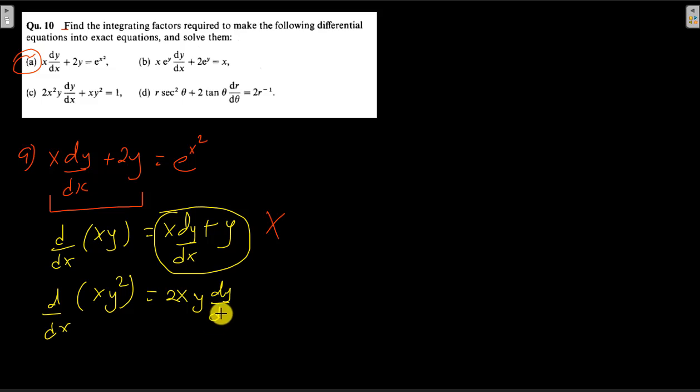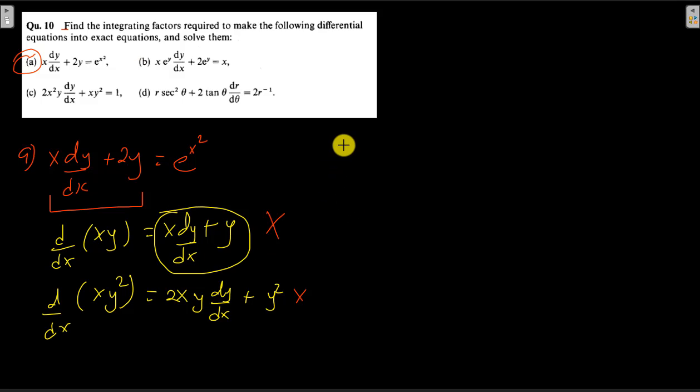So this is with respect to x, so dy dx plus, if I keep y squared as a constant, I find the derivative of x. That's going to be 1, so we have y squared. Again, this does not look like our original equation in the question here, and we cannot do any factorization to get an integrating factor. So this one won't work either.